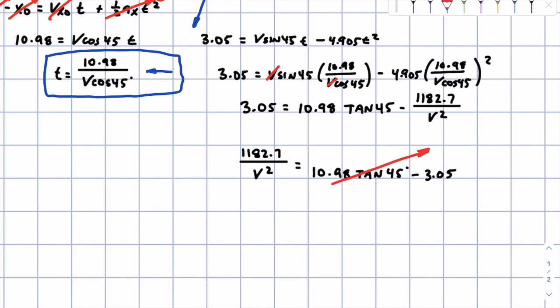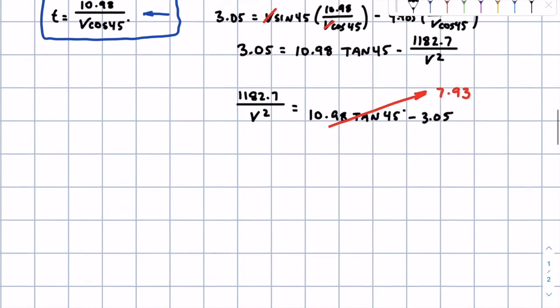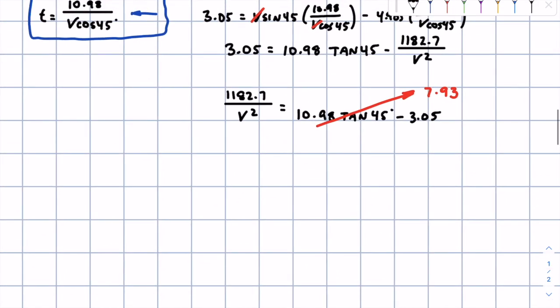This whole term, including the 3.05, is 7.93.